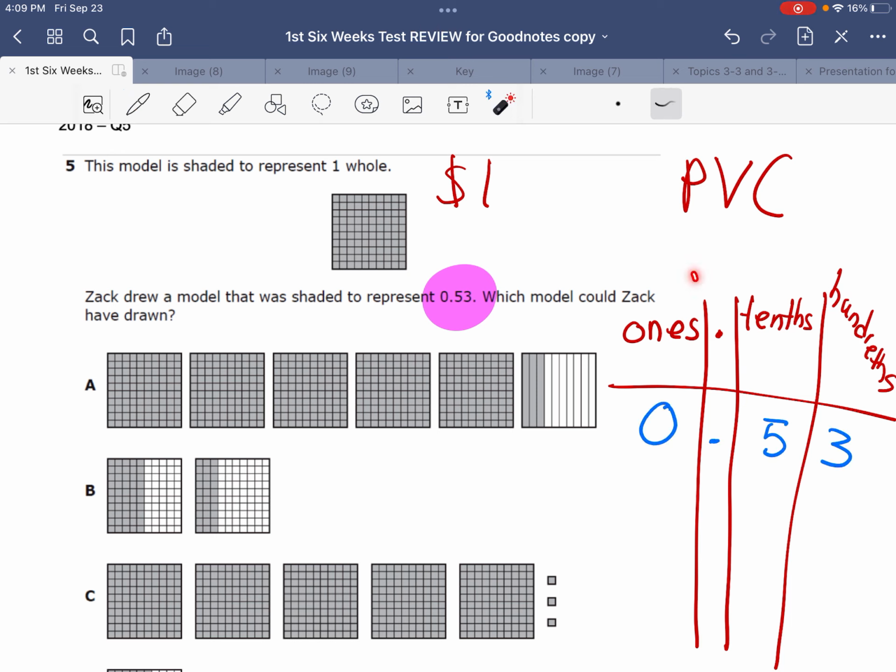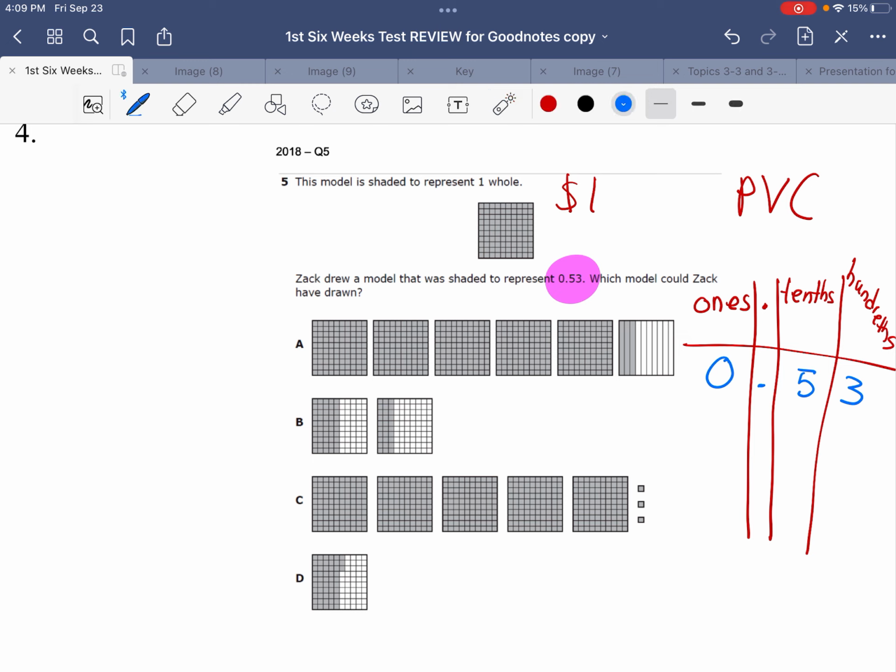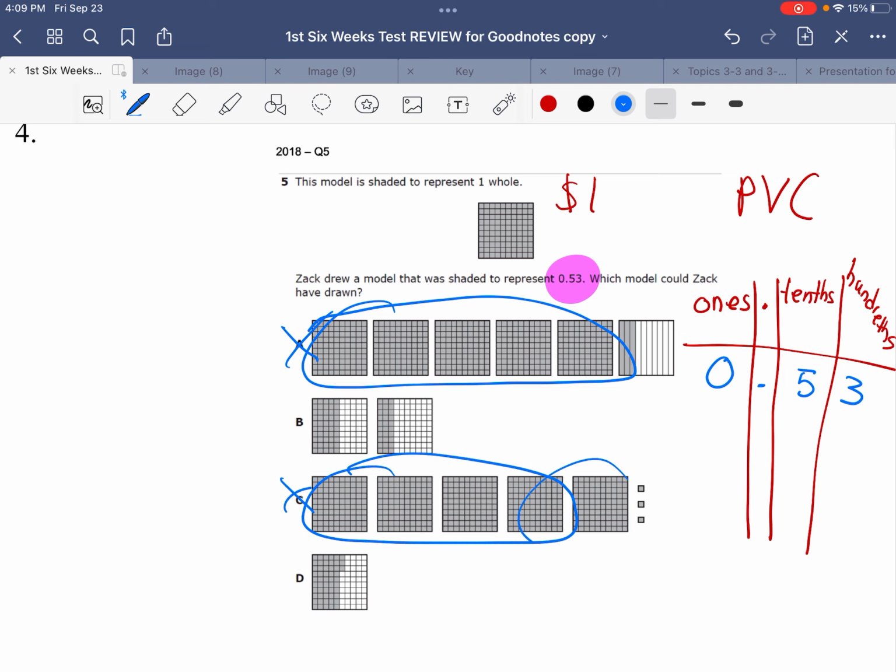If you notice here, I don't have any ones, and they're telling me ones looks like this. If I have one whole, it looks like this, fully shaded, but I don't have any. So I can already tell myself A is not it because it has all these ones. C is not it. It has all these ones.